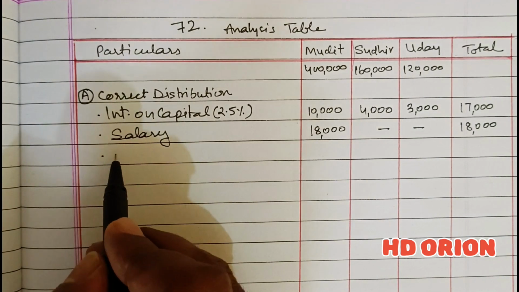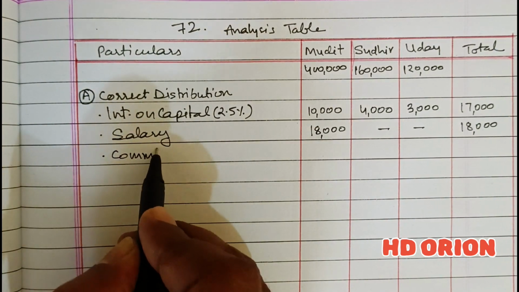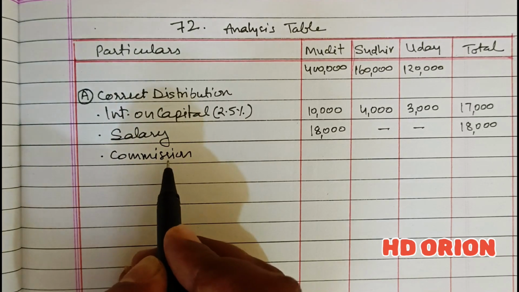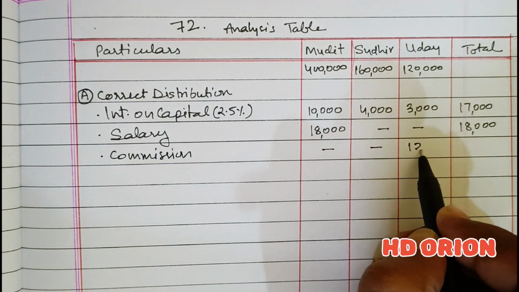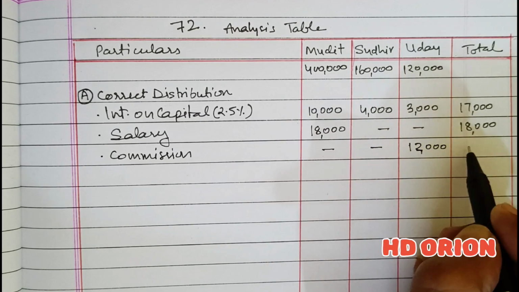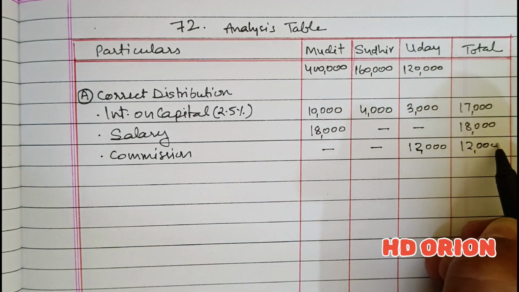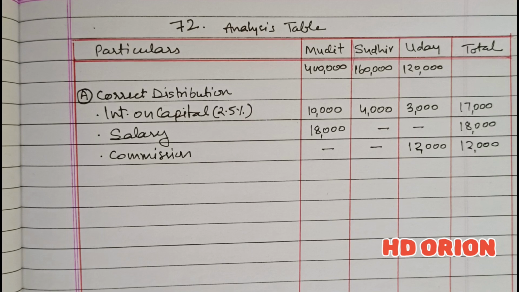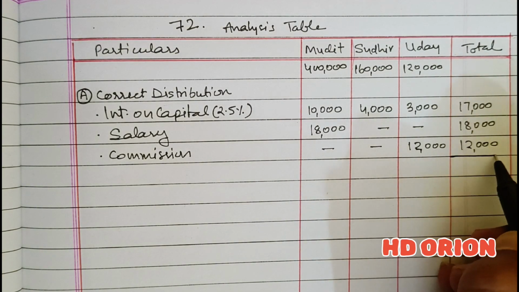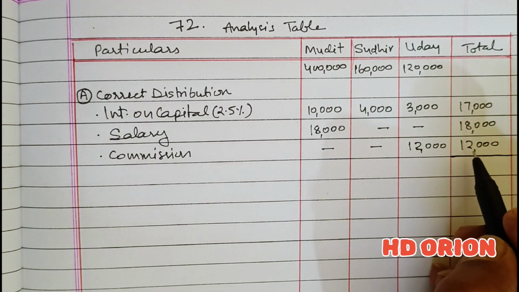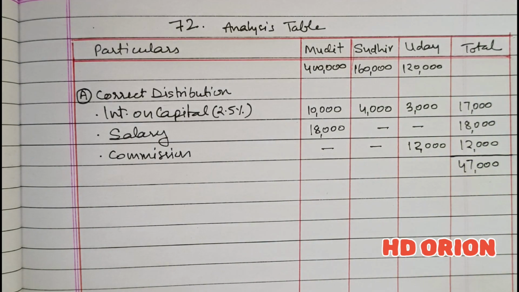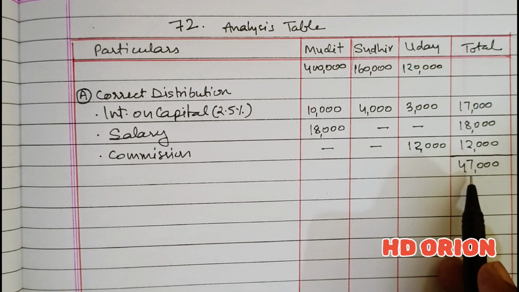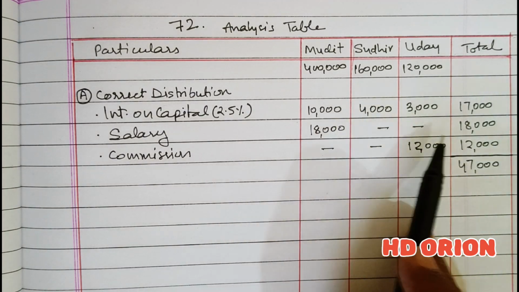Then comes commission to partner Uday, rupees 12,000. So 12,000 in the form of commission. So how much have we given to the partners now? When you total this, it is 47,000. Fine. Out of 1 lakh rupees, 47,000 was supposed to be given in this way.